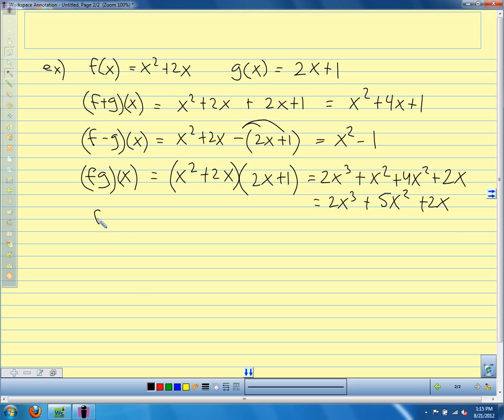And finally, f over g of x. We're just dividing these two functions. And what do we have to be careful with here when we do f divided by g? What x value are we excluding from our domain?